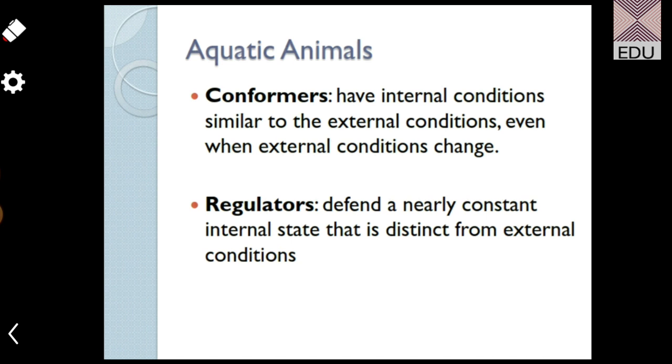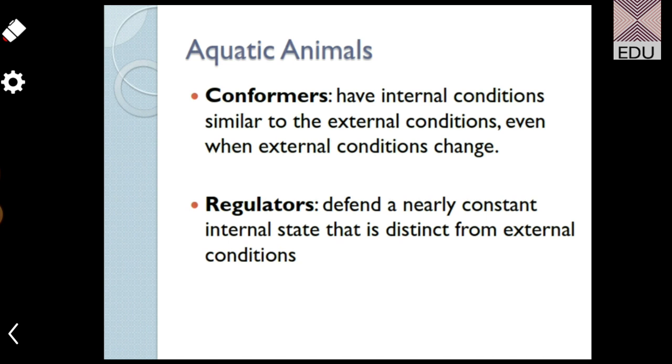Suppose an animal is living at 25 millimoles of sodium ions, and the outside drops down to 20 or 15, but these animals will be conserving or regulating a 25 millimole sodium ion concentration inside their bodies. This regulation is due to some kind of regulatory mechanism inside the animal.